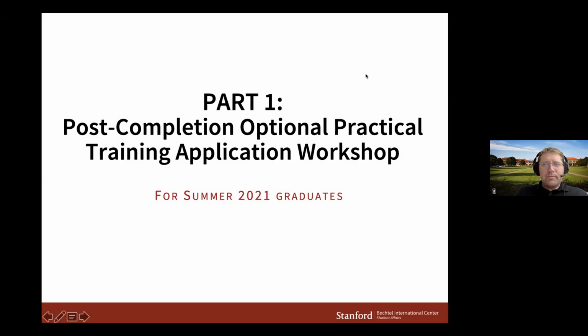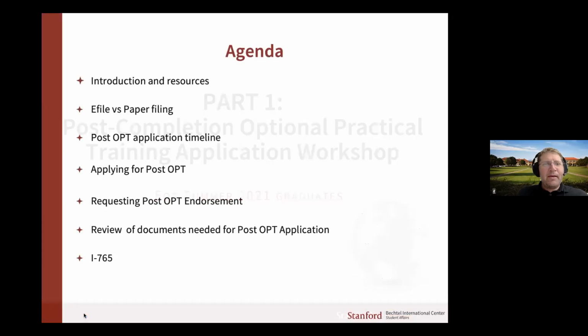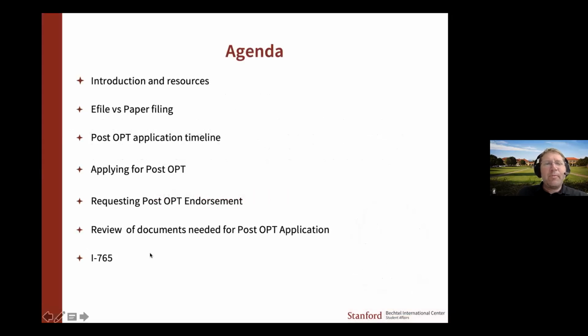So welcome to part one of our post-completion optional practical training application workshop. Today, we'll be going over some of the resources available to you in order for you to complete your post-OPT application. We'll talk a little bit about the new online filing option versus the paper filing option that USCIS is offering.